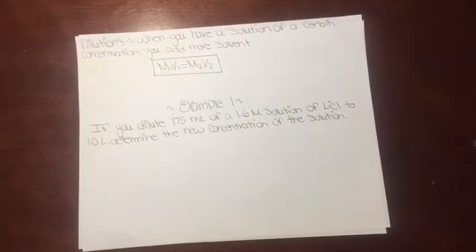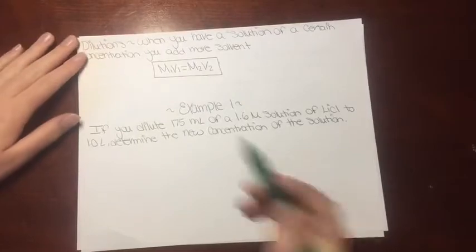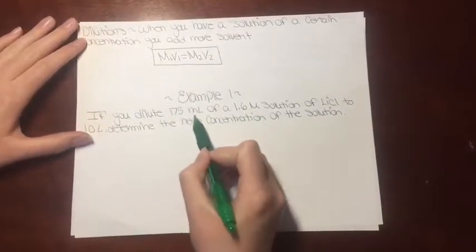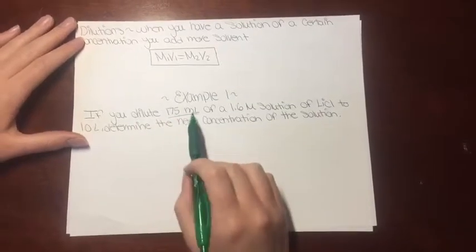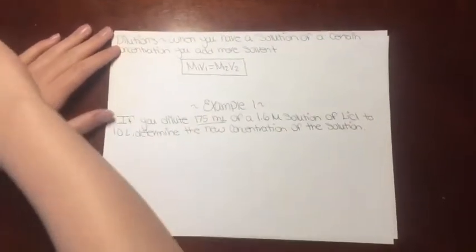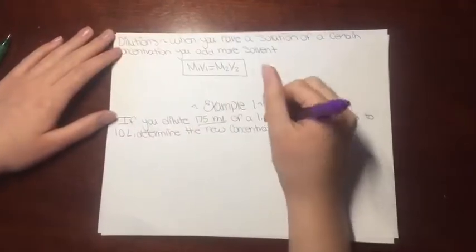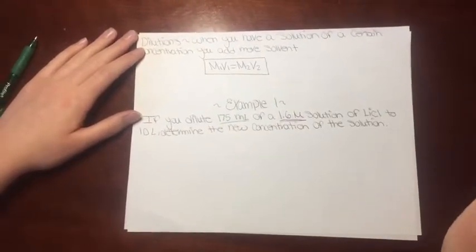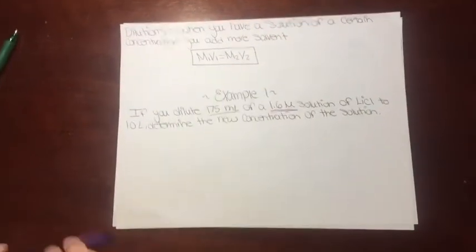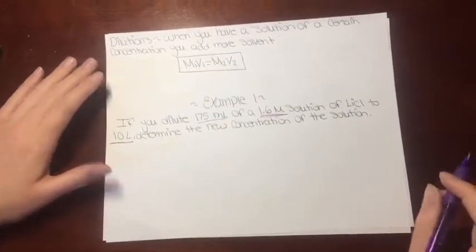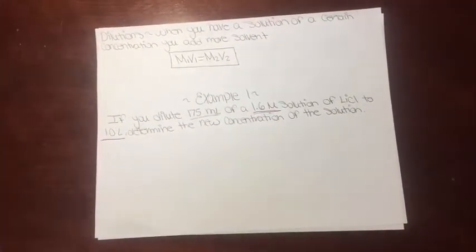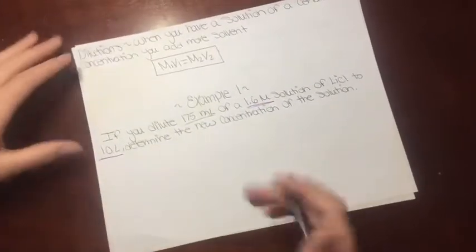So our first step is to set up the equation. So we know 175 milliliters is going to be our first volume, and 1.6 is going to be our first molarity. 1.0 liters is going to be our second volume, and we're going to have X for our second molarity.